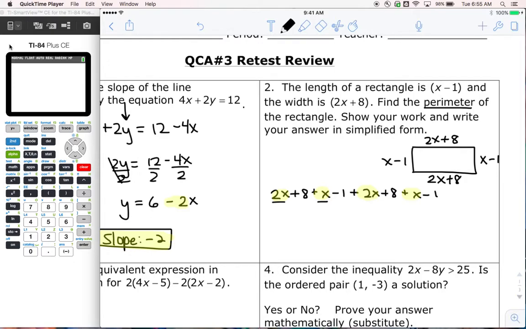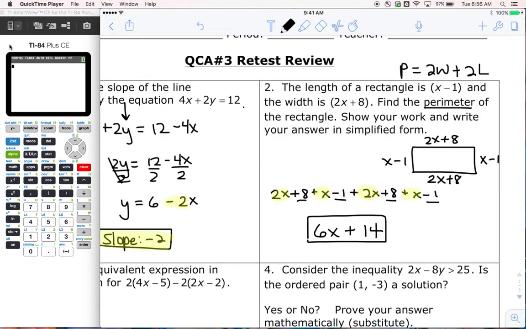So we've got 6x, and then 8 minus 1 is 7, plus another 8 is 15, minus 1 is 14. So positive 14. This is my expression for my perimeter. Some of you might want to do this a different way. If you feel comfortable, you can just plug the width and the length into the perimeter formula, and it will give you the same answer.